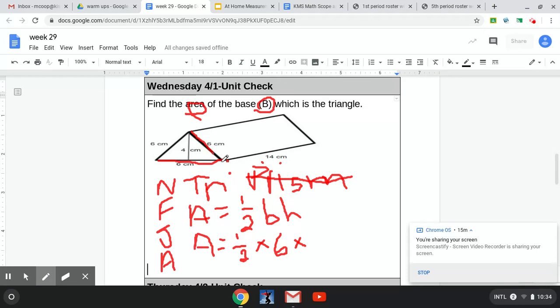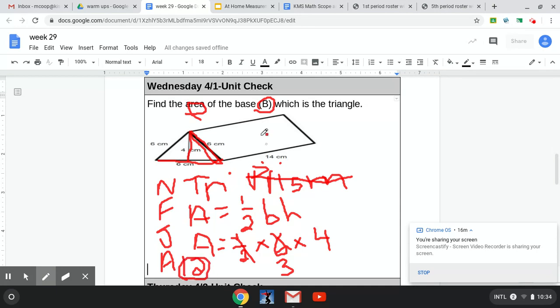You do not measure your height slanted, so we would not be using 6. We would be using 4 in this case. Doesn't matter what order you do these in. So remember, multiplying by 1/2 is the same as dividing by 2. So I would probably cut 6 in half first, which would give me 3. And then I have 3 times 4, which would be 12.